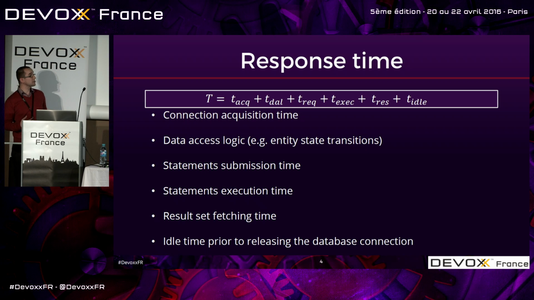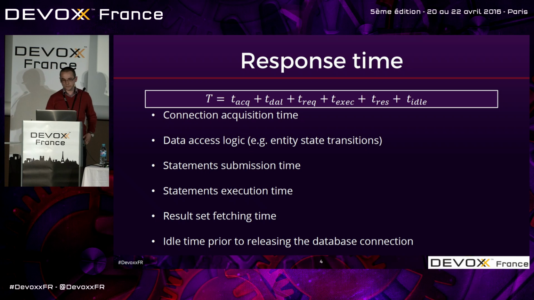The database has to execute them. And then we need to fetch the result set back into the application layer. And in the end, there is a little bit of time in which we might process the result set prior to releasing the database connection. So this talk is going to focus on this, and will show you how you can optimize parts of the overall response time.